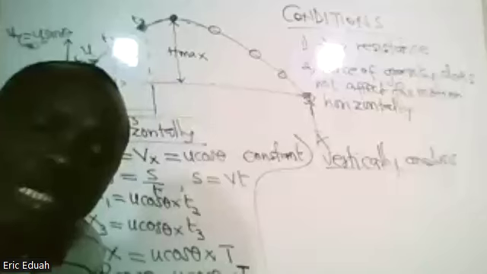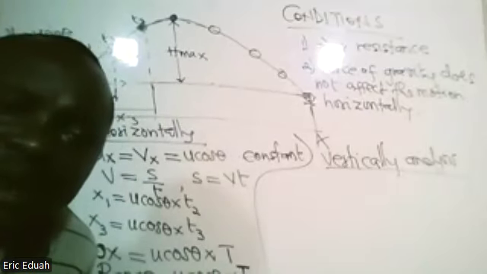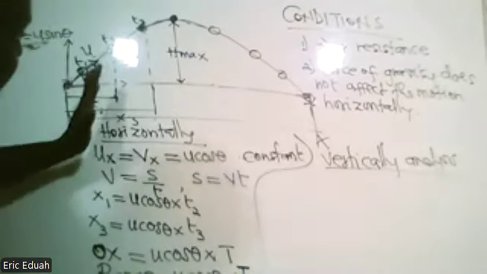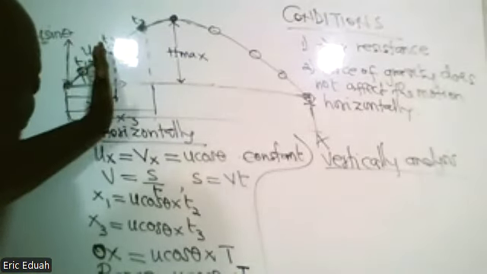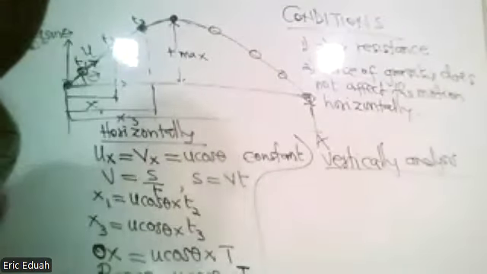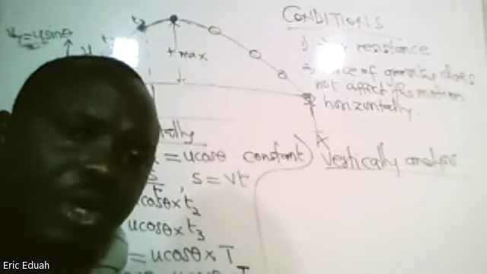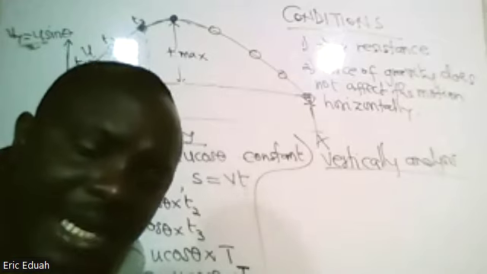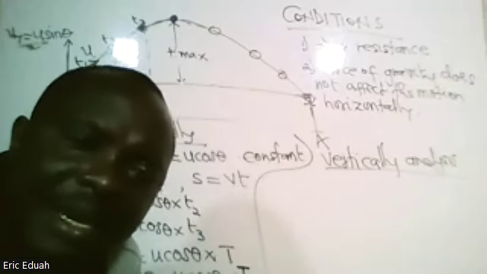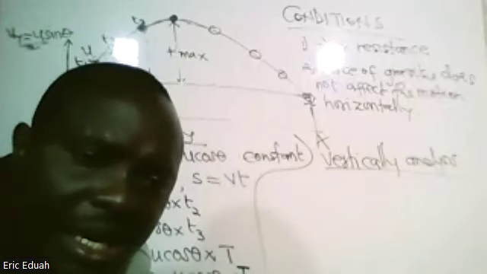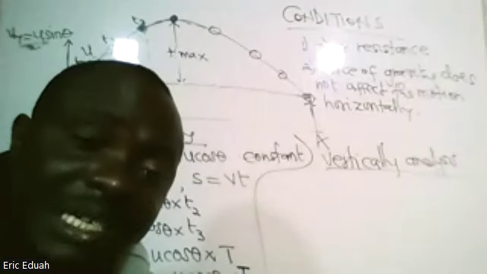Gravity would always be there, and it affects vertical motion. So vertically, because gravity affects it, its velocity will reduce. That is why when it gets to the maximum height, the velocity will be zero, because vertically, gravity is there to reduce it.